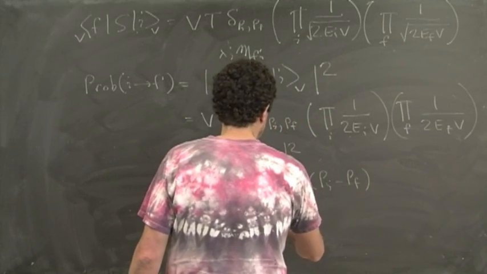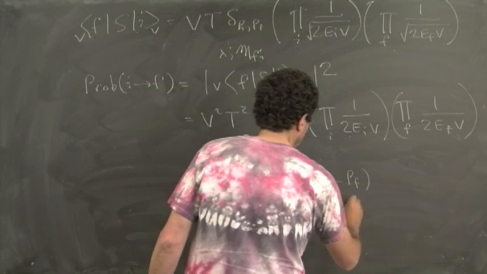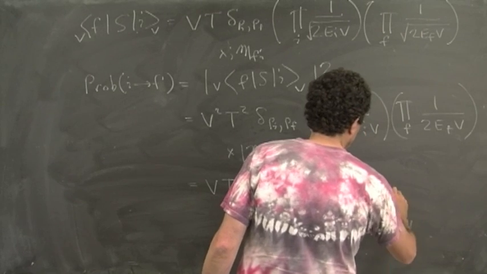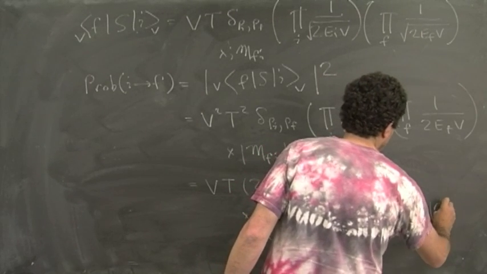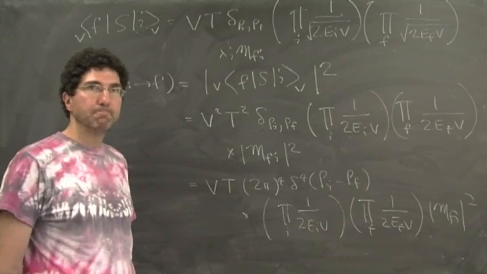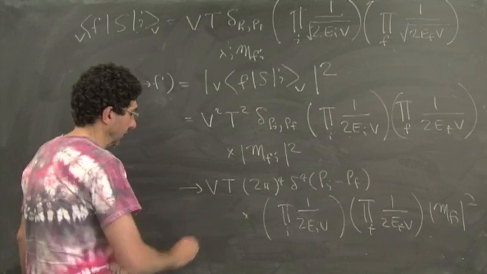And then I have all these factors, 2 E V for each initial guy. For each final guy, I have a 1 over 2 E V, and then I have my matrix element squared. Okay? All right. So in the last step I've gone to the continuum.